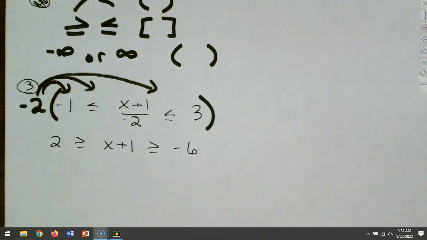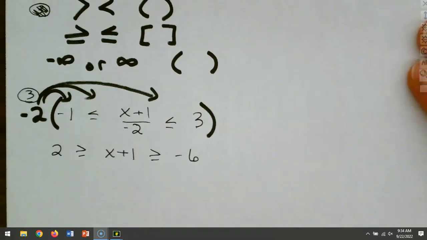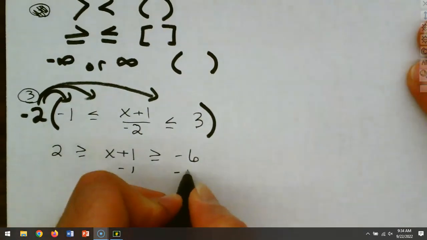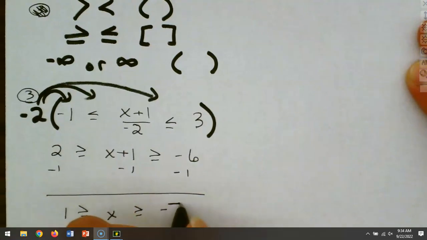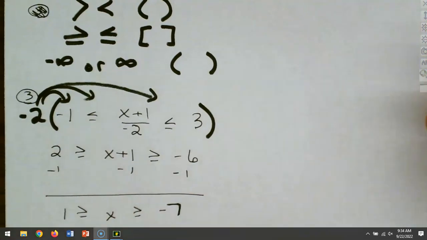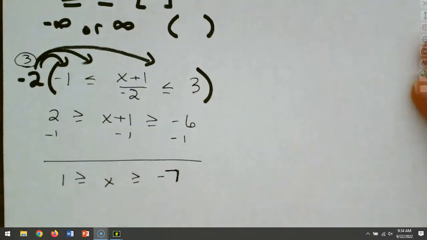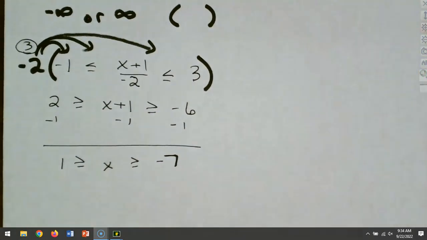Now we should know what to do. We're going to move that negative 1 over. And now we're left with this. When we go to graph it, we need to make sure that we put it in the correct order. When we flipped our inequality symbols, that also changed the order on the number line.